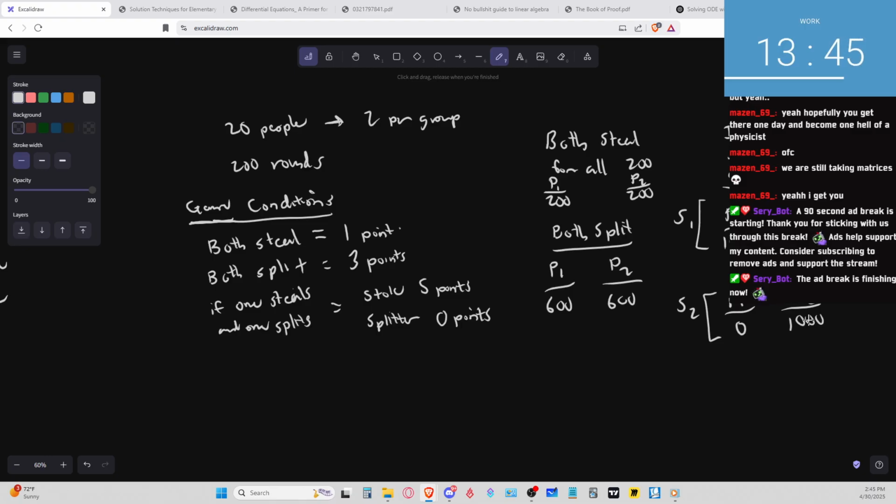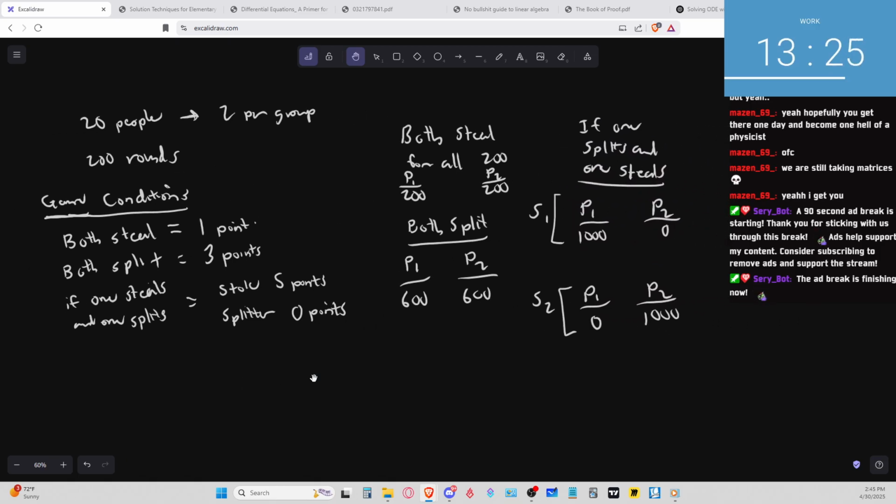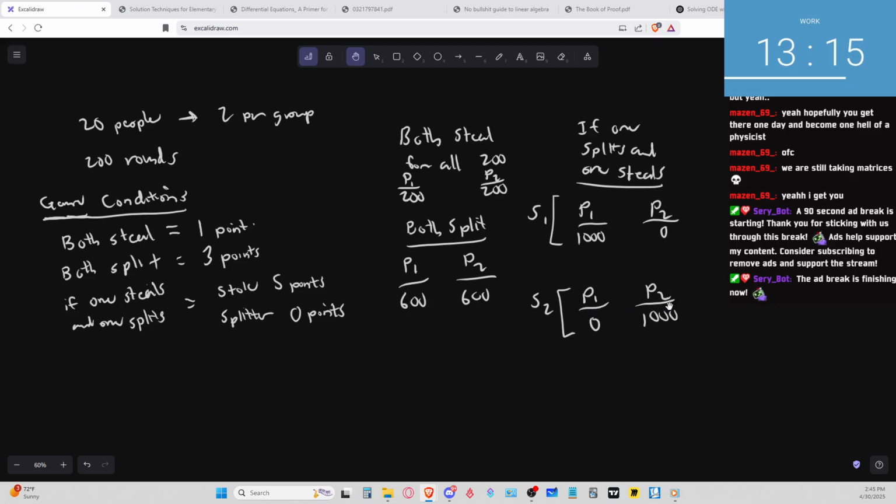Oops, I probably should move it a little bit for you guys because you can't see the other side. There you go. Sorry about that, guys. This is basically based on if player 1 steals and player 2 splits, or player 1 splits and player 2 splits.